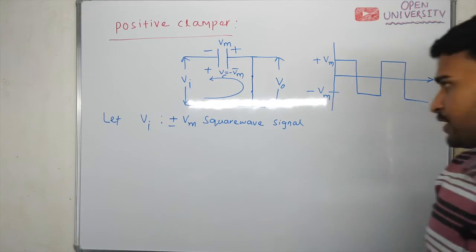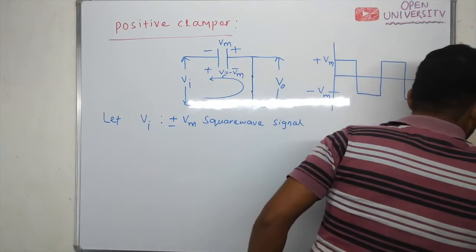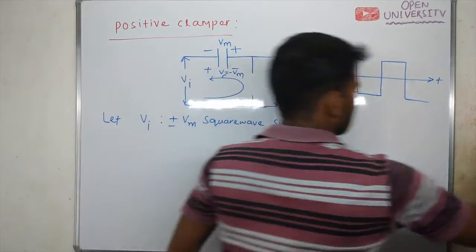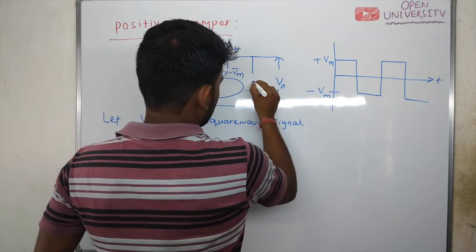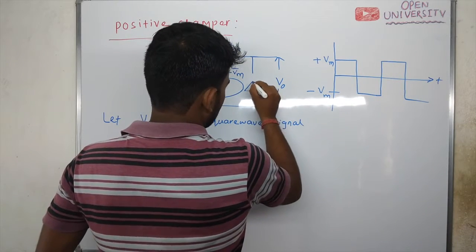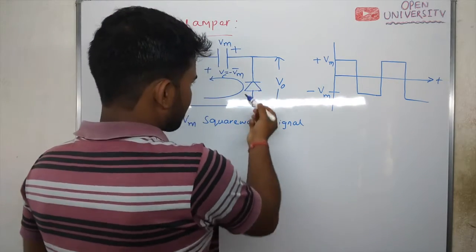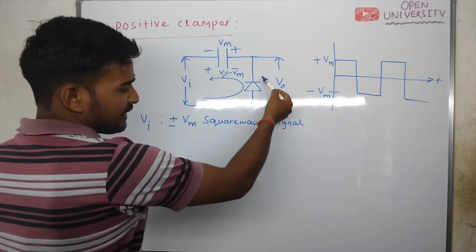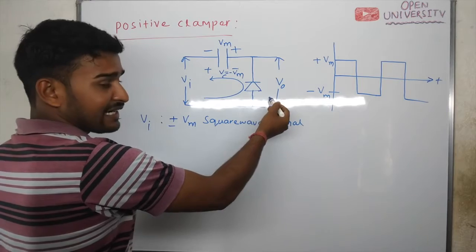And during the positive half cycle, when you apply positive voltage, this diode will be reverse biased, because you are applying positive to this side and negative to this side.